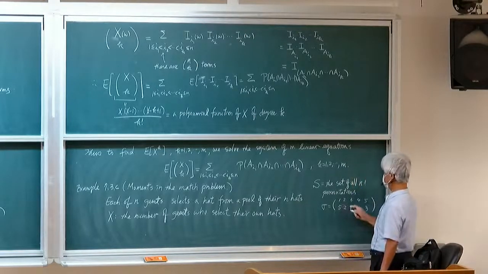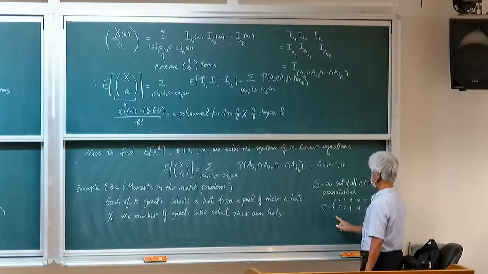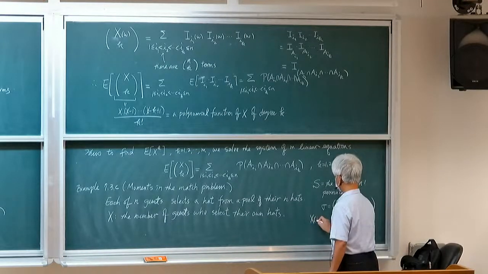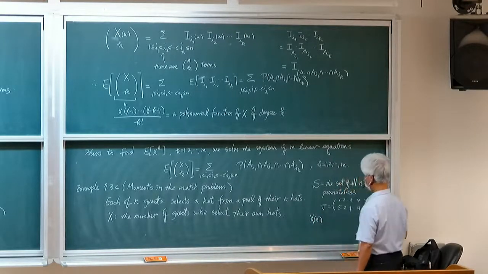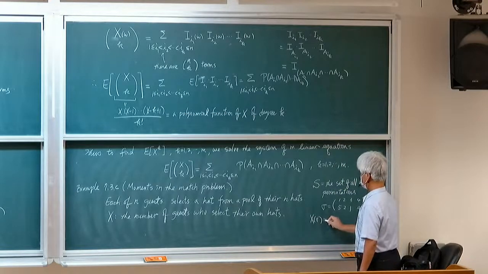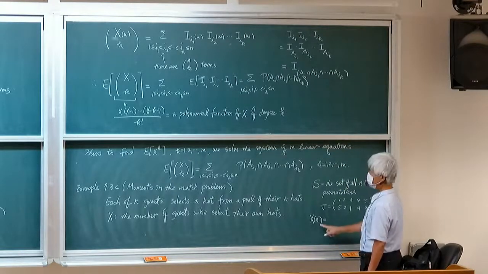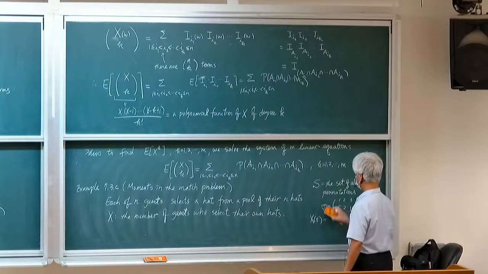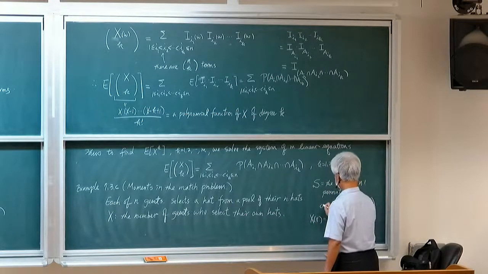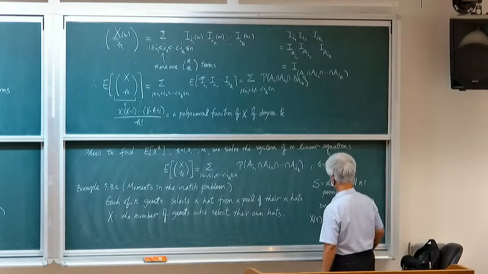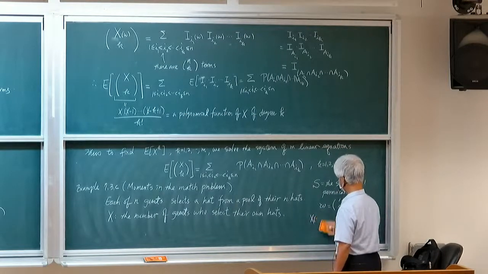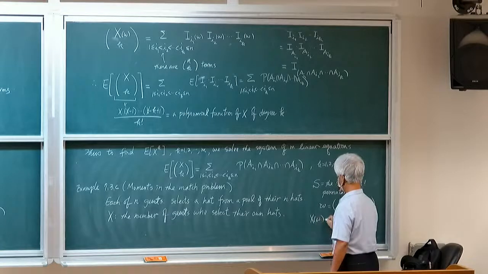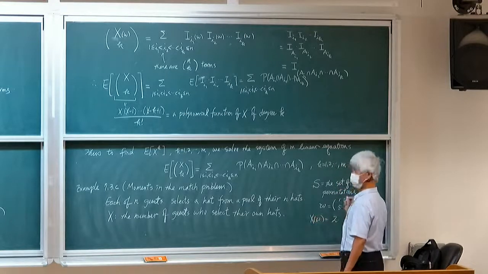And so for this example, the number of matches for this outcome, maybe I use omega, the outcome, the number of matches is 2.